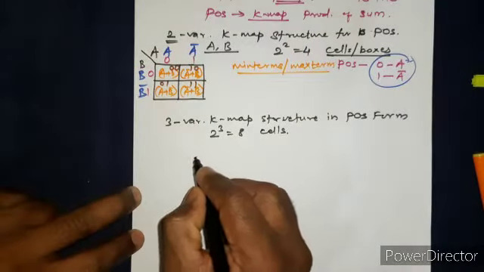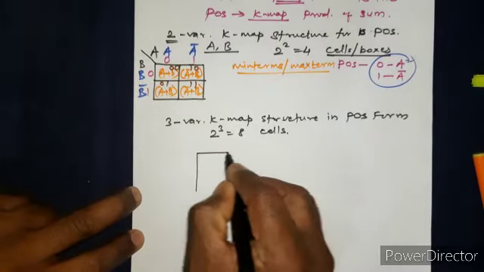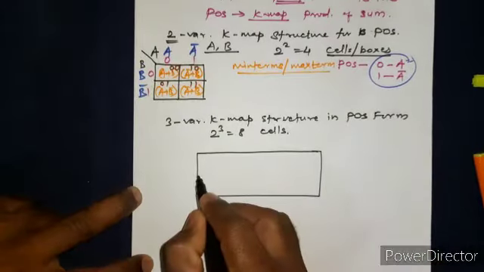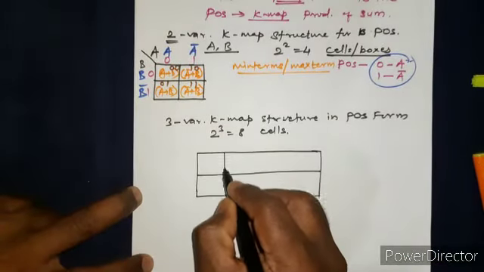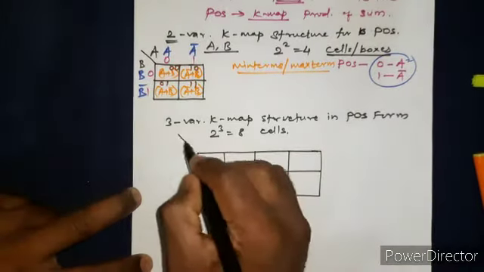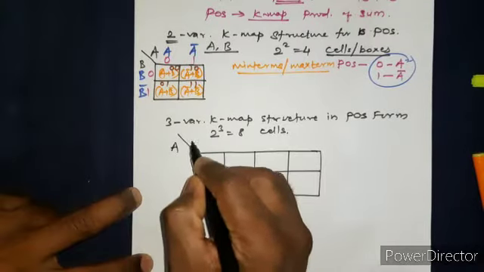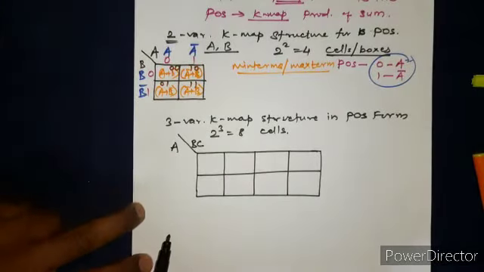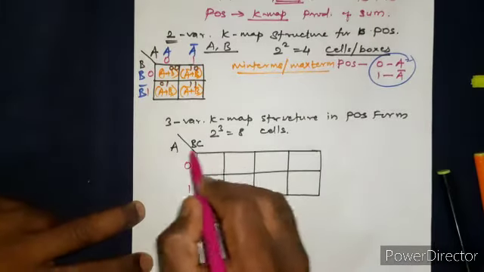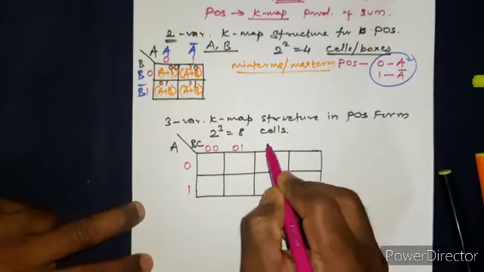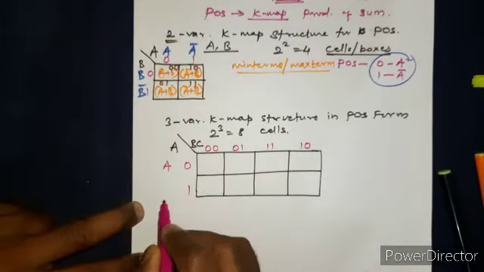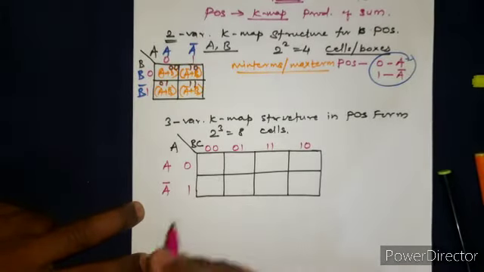I can draw big boxes here so as to understand. Here we can take A and this is BC. So this becomes 0 1, since we have only one variable here. This is 0 0, 0 1, 1 1, 1 0. Now this corresponds to A and this one corresponds to A bar.